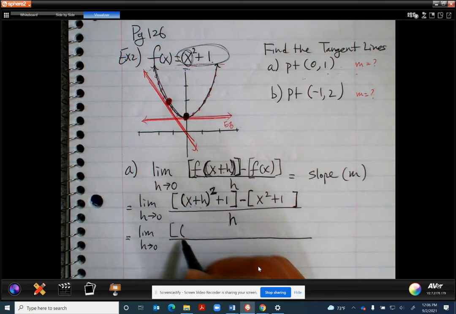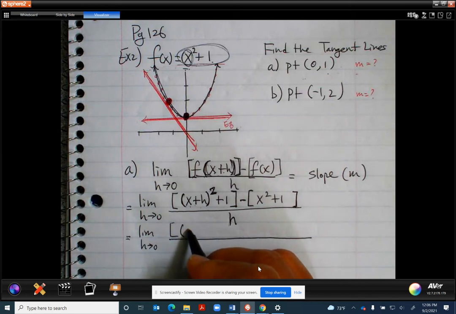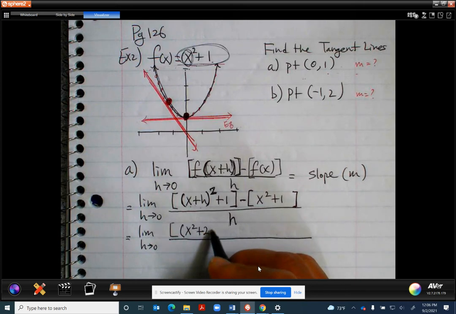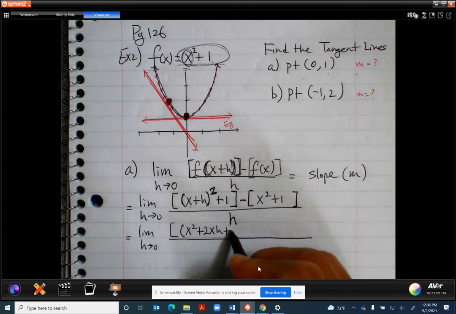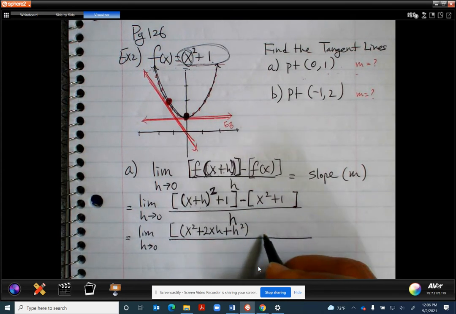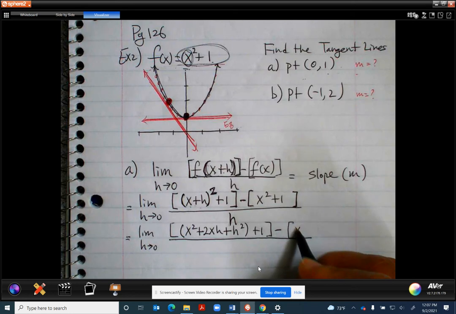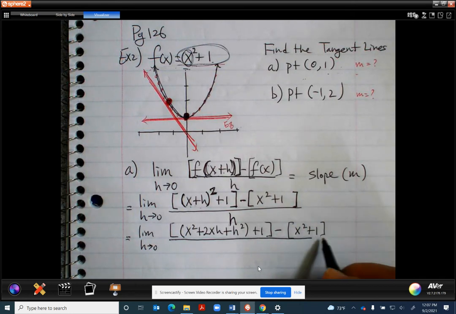Alright, can someone help me with that? What is x plus h squared? Yeah? X squared plus 2xh plus h squared, and then parentheses, plus 1, and then minus bracket, x squared plus 1 all over h. Alright, go ahead and copy up to there.